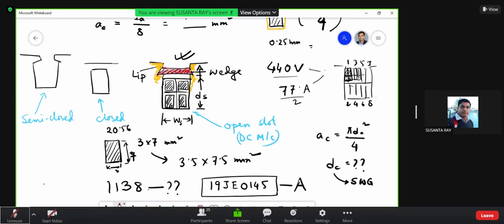So to restrict that, we generally use this wedge. Okay, so you can take 2 mm thick, and another leaf is 2 mm thick. Sometimes leaf is taken as 1 mm and wedge is 3 mm, like that.